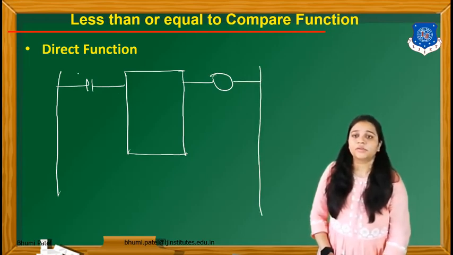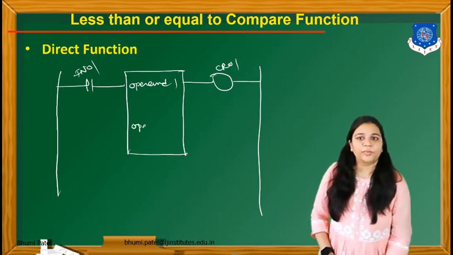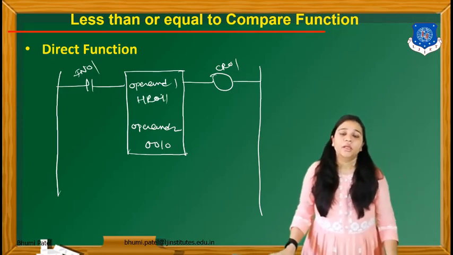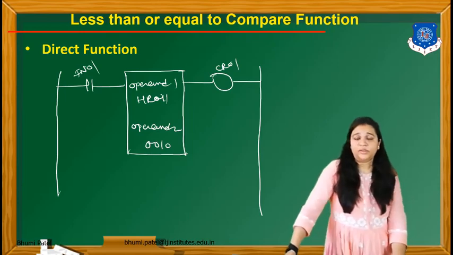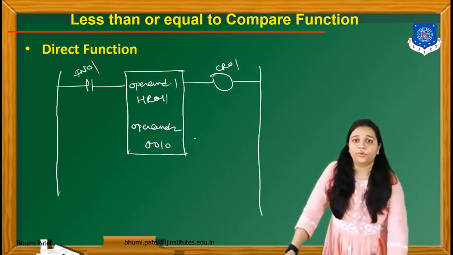This is my input, this is my output, this is my operand number 1, operand number 2. Suppose we take a value, and here we take a register. If operand 1 is less than or equal to operand number 2, then my output goes on.